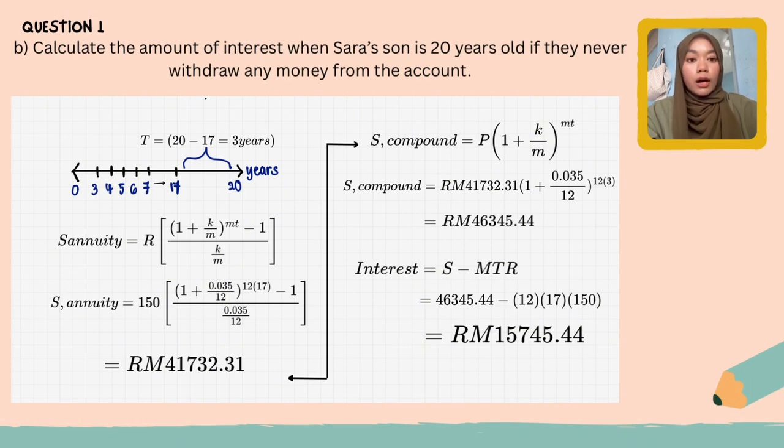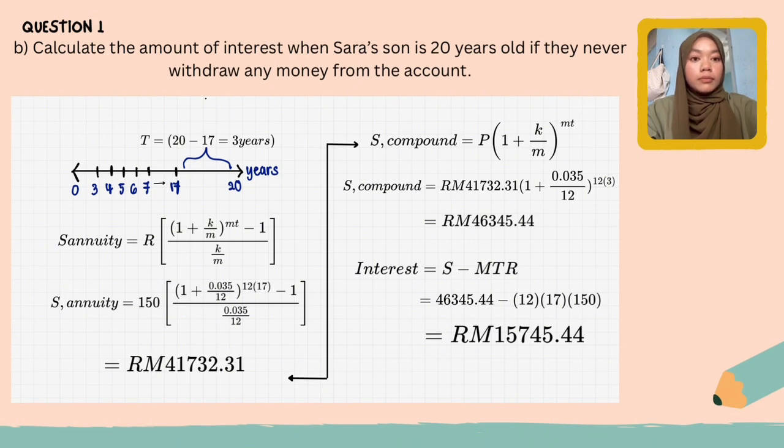So S equals R, which is 150, in the bracket 1 plus 0.035 over 12 to the power of 12 multiply 17, minus 1, over 0.035 over 12 in the bracket. So the answer we got is 41,732 ringgit 31 cents.